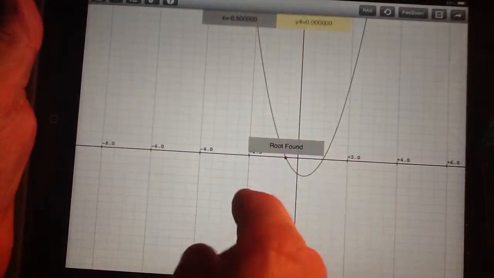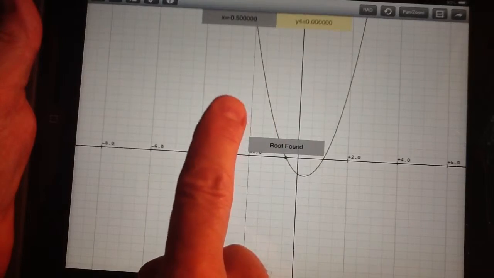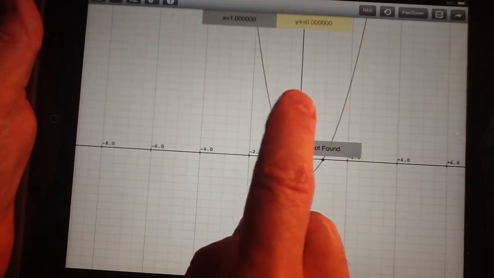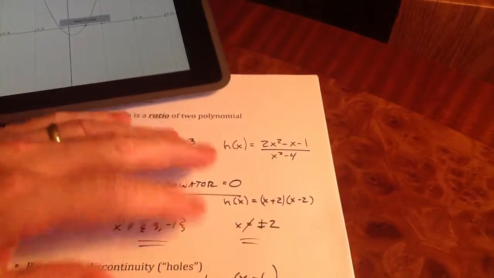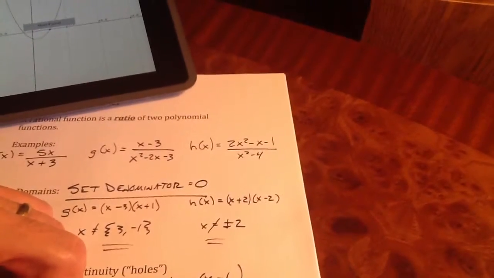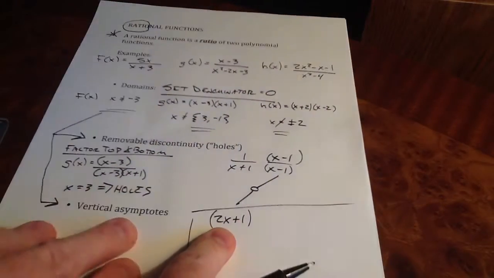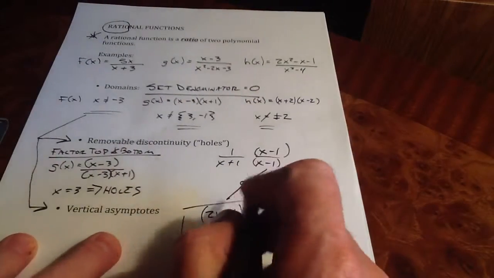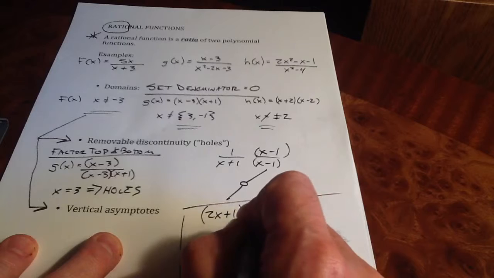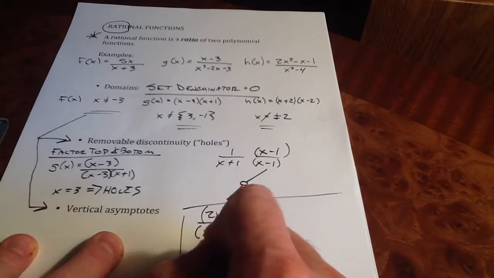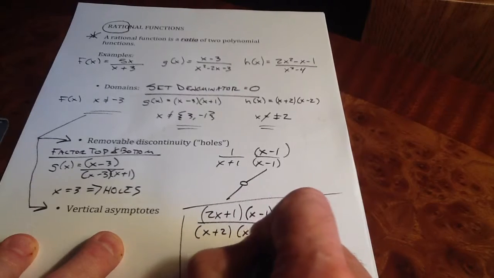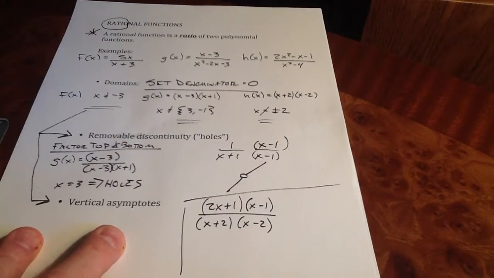Snap to intersections, root: -1/2 and 1. Okay? So if I was going to factor that, -1/2 would be 2x plus 1, right? Because the zero would be -1/2. And then the other one was 1, so that would be x minus 1 all over x plus 2 times x minus 2. So there are no holes in the third.